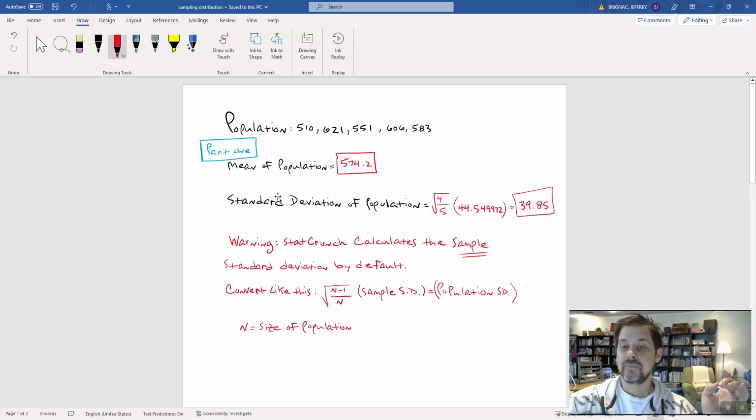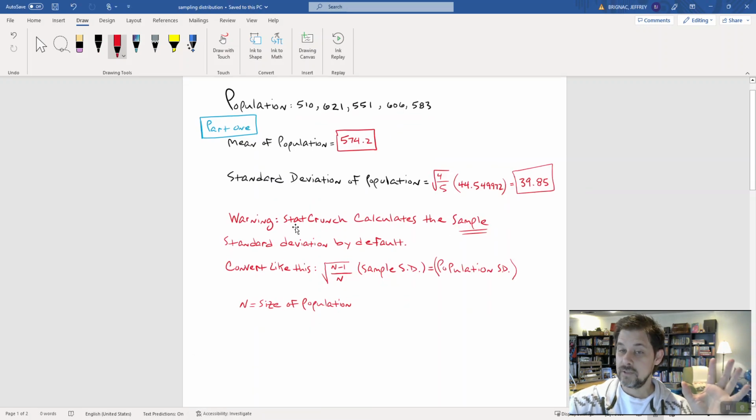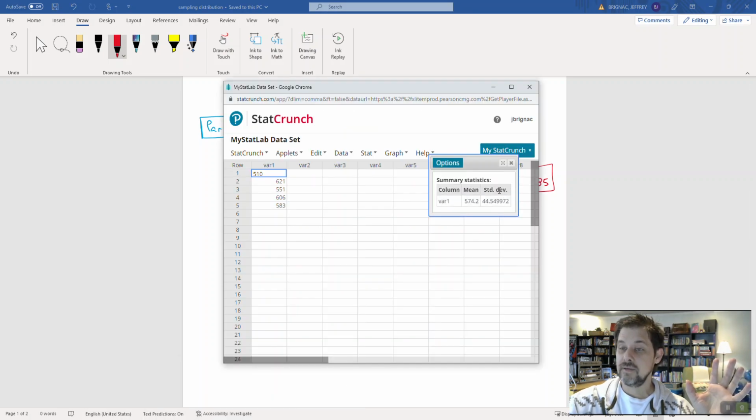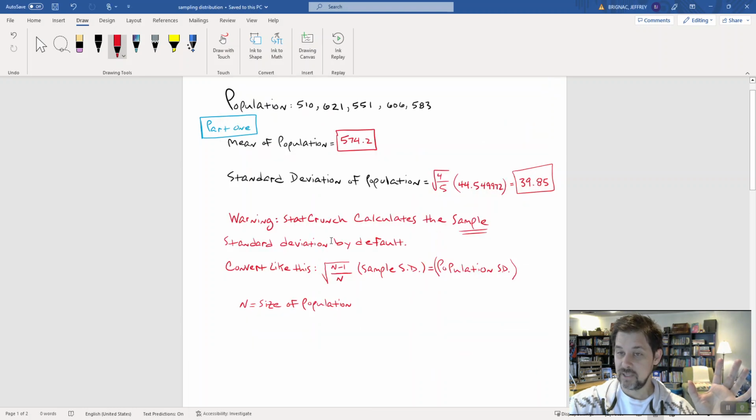So, here's my warning to you. StatCrunch calculates the sample standard deviation by default. So, this number is a sample standard deviation, not a population standard deviation. They are different. The standard deviation of a sample is different than the standard deviation of a population, all right?